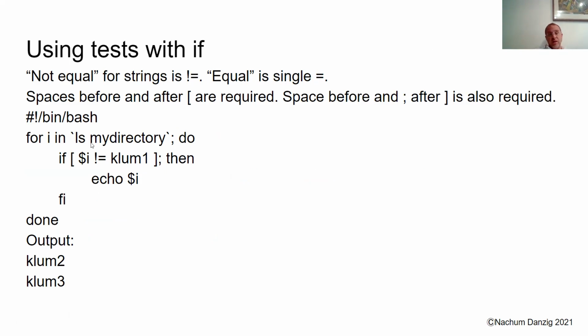That's why the assignment with equals is without spaces. This is with spaces. So spaces before and after the first bracket are required. Notice spaces before and after the exclamation mark.